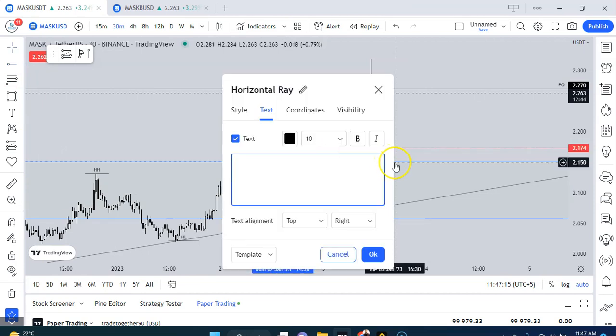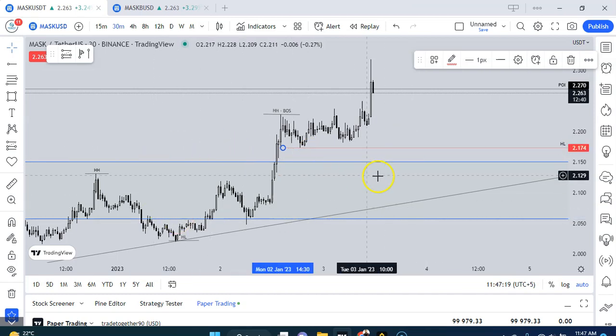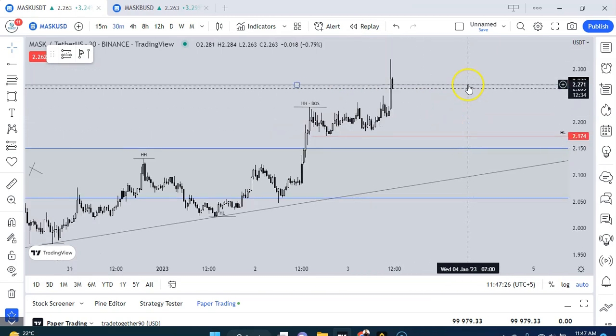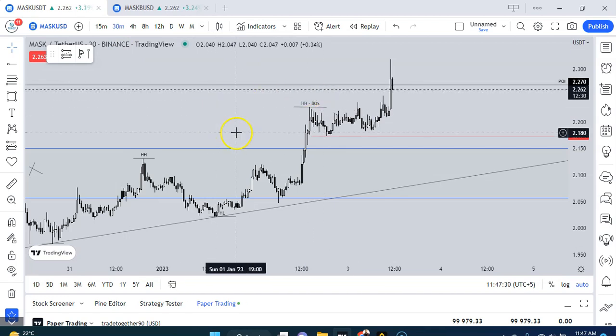All right, so now we can see that the structure is bullish and the price is moving in an upward direction. This is our point of interest. By seeing the weekly chart, this was clearly our point of interest.